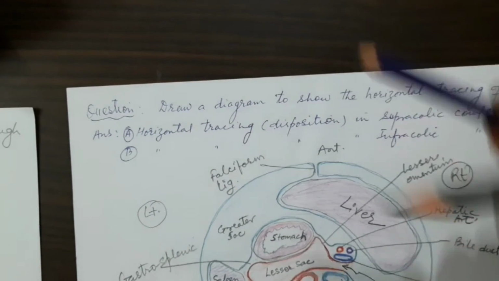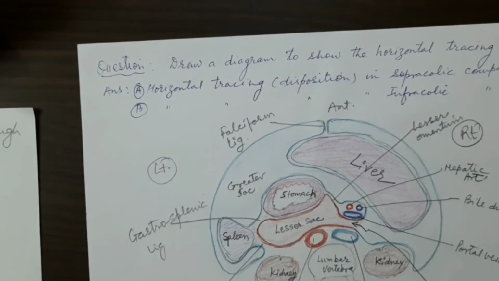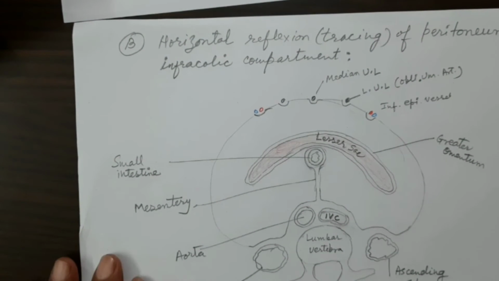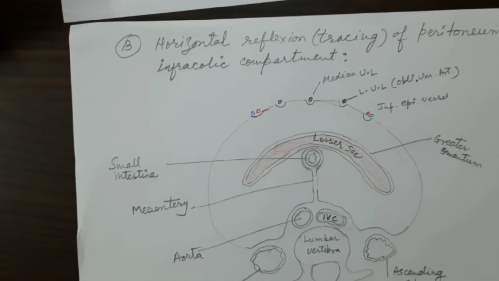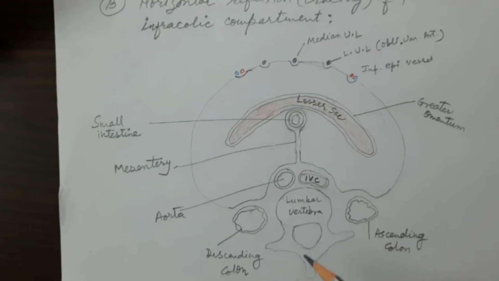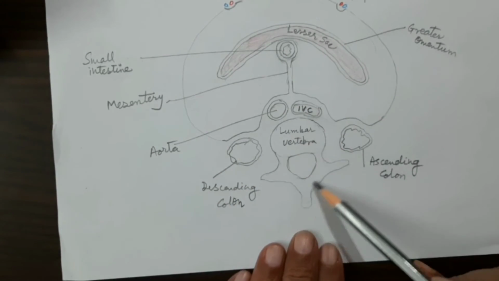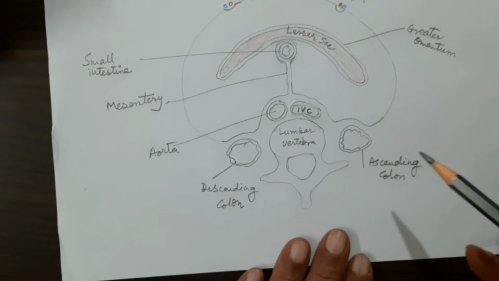Now let us come to the horizontal tracing in the infracolic compartment, and I have shown you the diagram, from just below the umbilicus; the infracolic compartment is below the umbilicus. Now here I can orient you. This is the lumbar vertebra in the infracolic compartment, must be the fourth lumbar vertebra, for example.